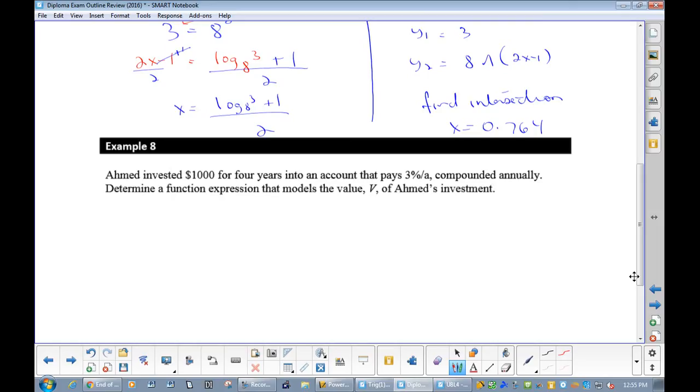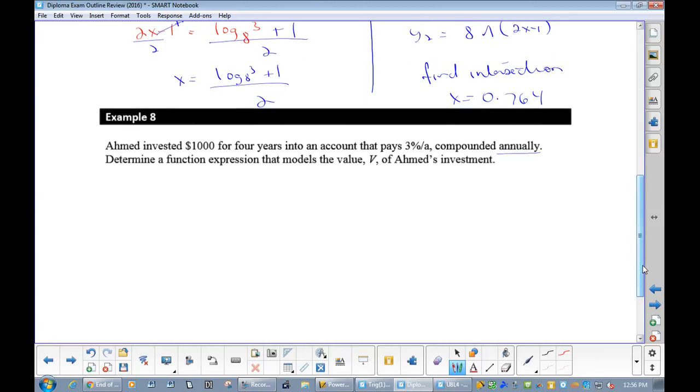Ahmed invested $1,000 for 4 years into an account that pays 3% compounded annually. Determine the function expression. So this might be a multiple choice where they just want to see if you can find the right one. Now, if we remember this formula, A equals P times 1 plus i to the n.